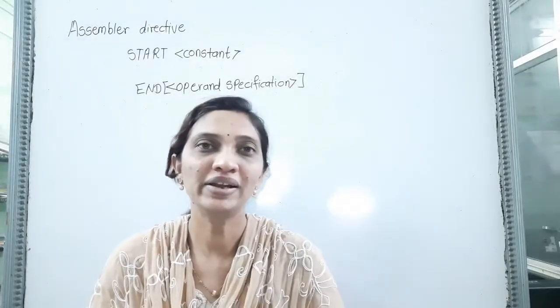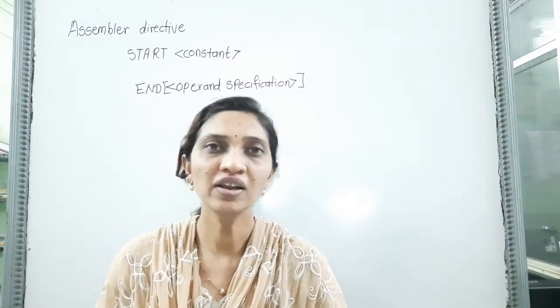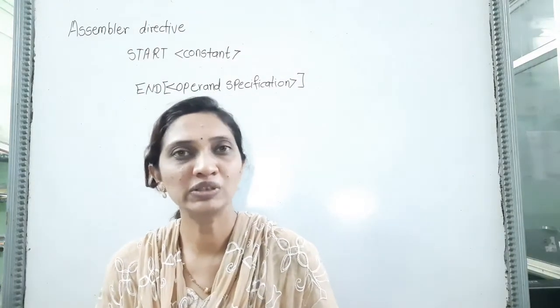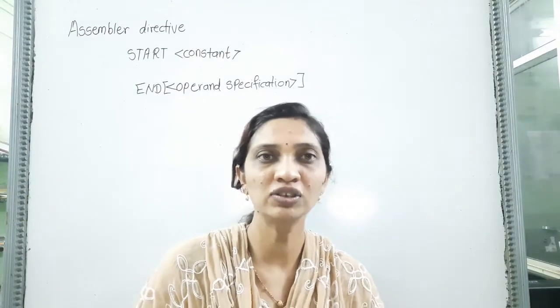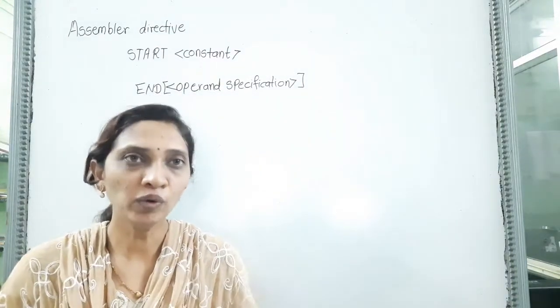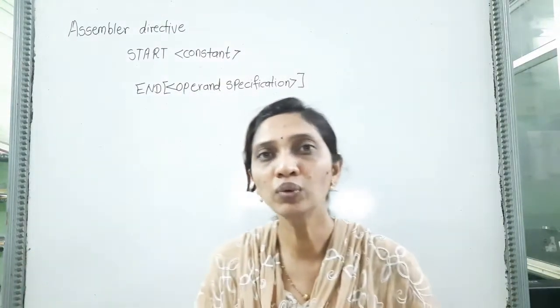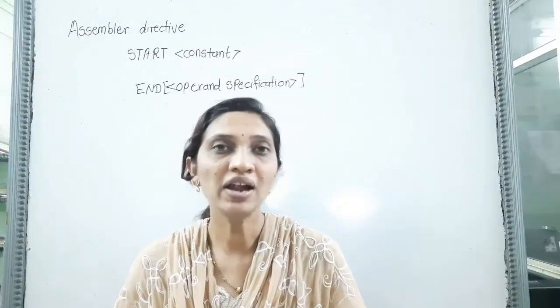The next kind of statement is the assembler directive statement. Lastly, we learned that there are three kinds of statements: imperative statement, declarative statement, and assembler directive statement. For assembler directives, in our program of addition of two numbers, we are using START and END.